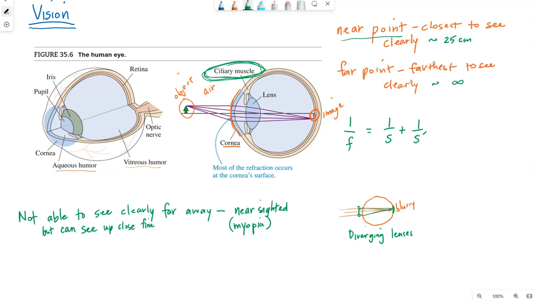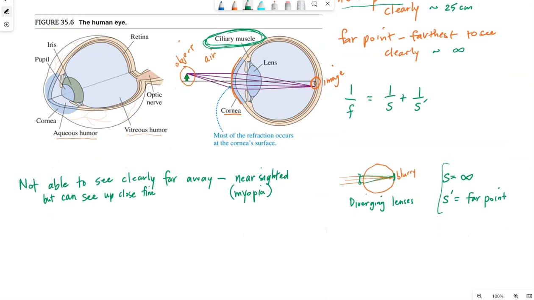The point of the diverging lens is to take an object essentially infinitely far away, so a far away object, and create the image at my far point where I can see it clearly. This is what the lens is to do.